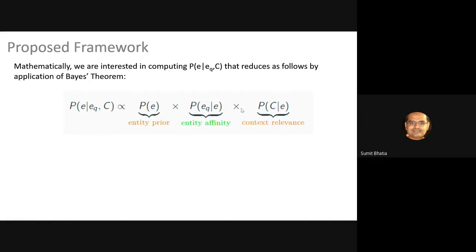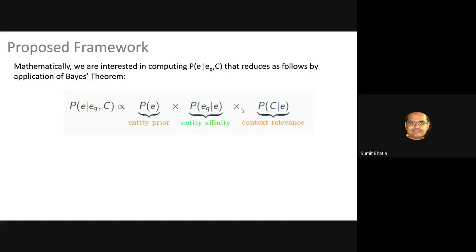So the left hand side is the probability of the entity given the query and context, and you can actually mathematically derive it in this format, that it is proportional to a product of individual probabilities. First is the probability of observing the entity, which we call the entity prior.